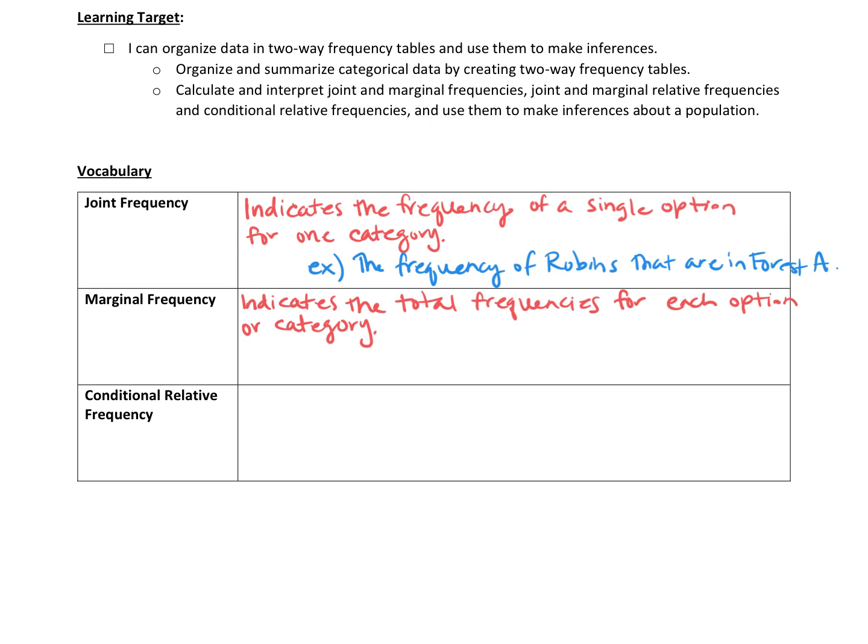And then an example of that would be the total frequency of birds, let's say in forest B. So total frequencies for each option, in this case, what's the total frequency of birds for each option or category. So the total frequency of birds that would be in forest B, that's an example of a marginal frequency.